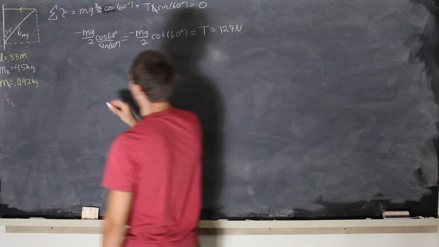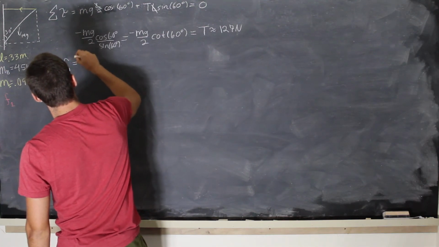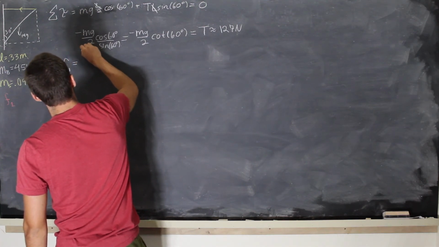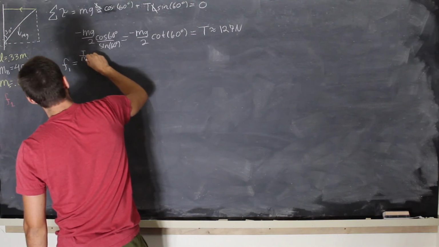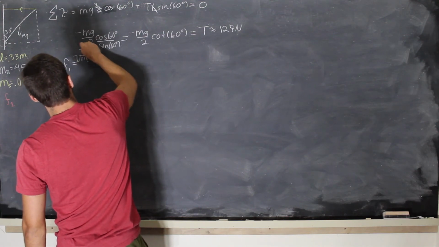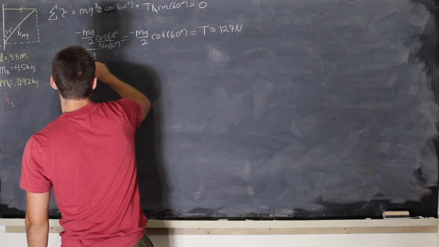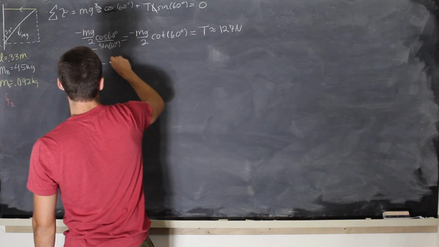Okay, so now we have that. We can solve for the frequency, and we're going to have frequency 1 is equal to, okay, so it's tension over the mass of the string times the length of the string under square root over 2 times the length of the string.